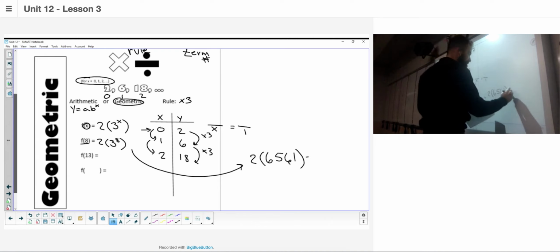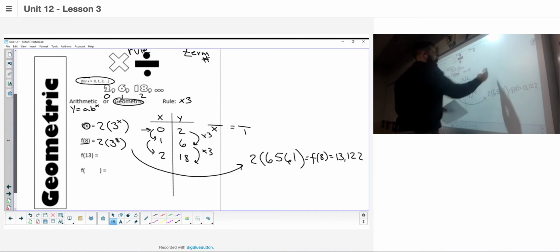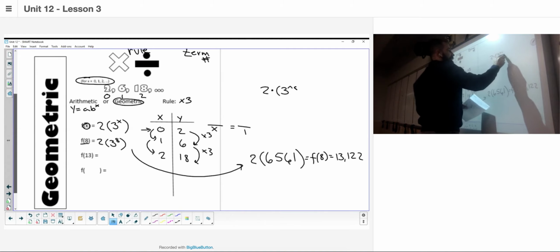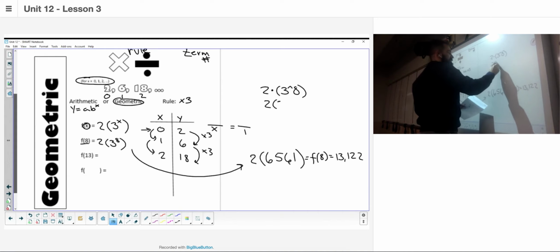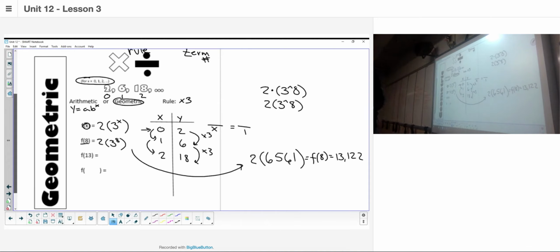So f of 8 equals 13,122. Again, if I was doing this on a calculator, I would do 2 times 3, use that little caret key, and then 8. You don't even have to press the times. You can just do 2, parentheses, 3, that caret key, to the 8th power, and it will give you the answer you're looking for.